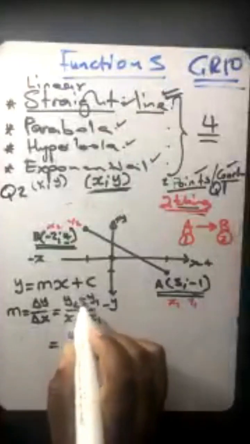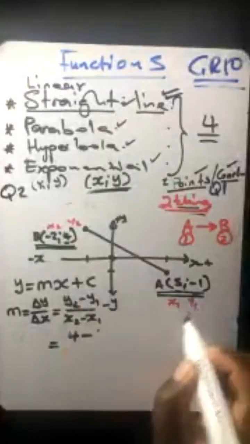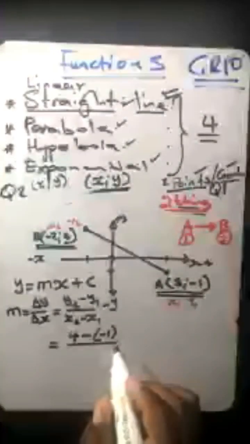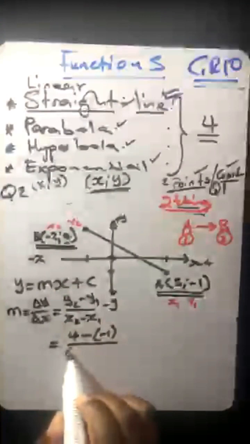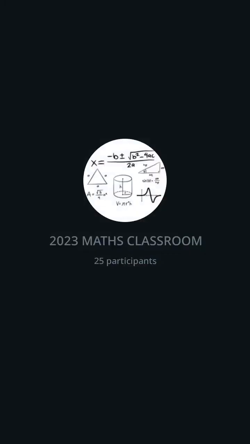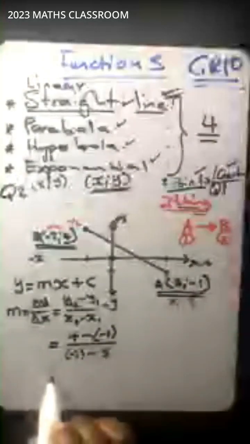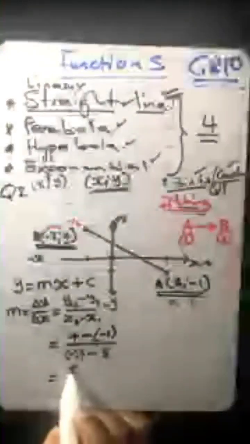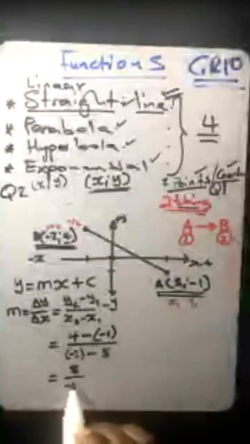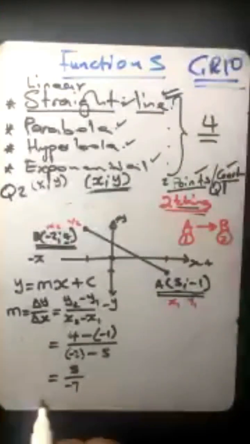Minus, from the formula, our y1 is negative, so we put it inside the brackets. What is our x2? It's a negative value, which is -2, minus our x1, which is 5. This is equal to, what is that? This is 5 over -7. I think it ends as that.